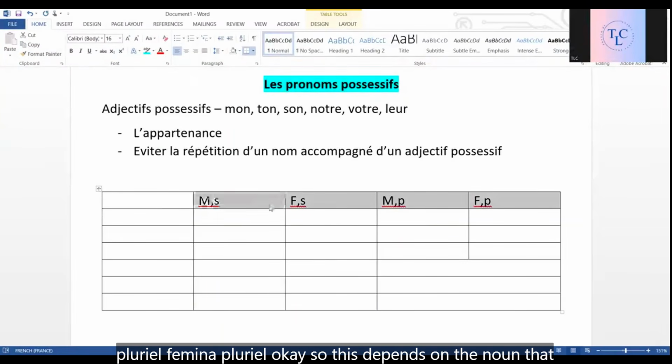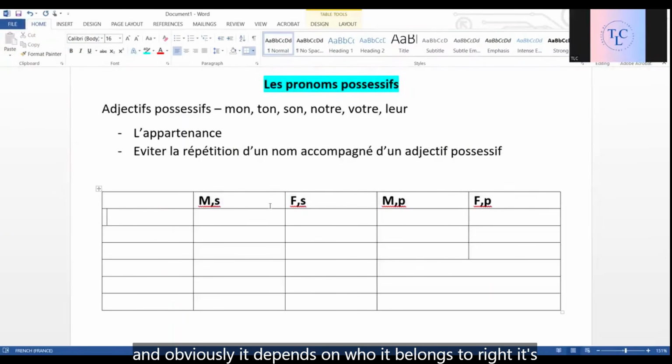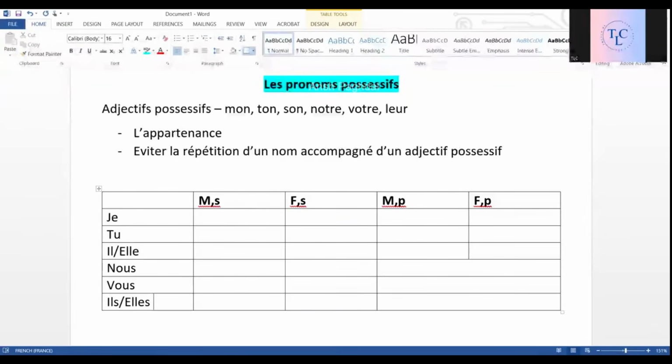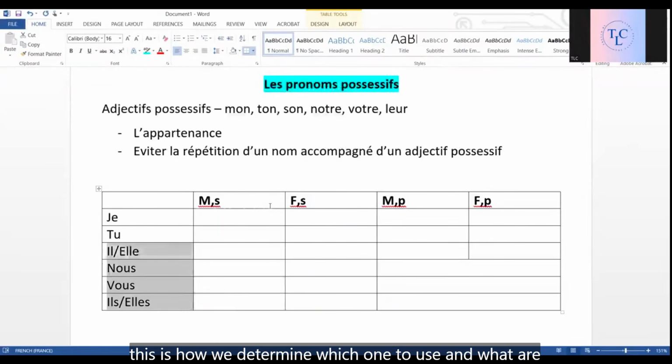So this depends on the gender and the plurality of the noun that it replaces. And obviously, it depends on who it belongs to, right? It's mine, yours, his, hers, ours, yours again, and theirs. So this is how we determine which one to use.